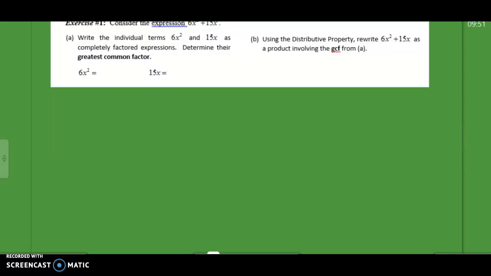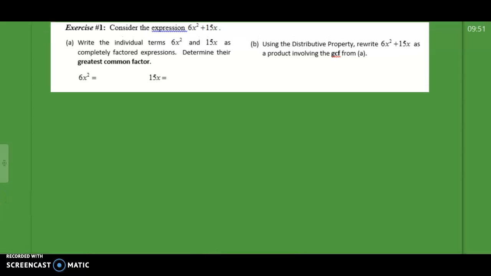Let's take a look at a couple. So, first one. Let's say we have the expression 6x squared plus 15x. Well, we want to see what the largest number and variable that are in both of these. Since it's a binomial, there are two terms. So we want to try to figure out what they have in common.